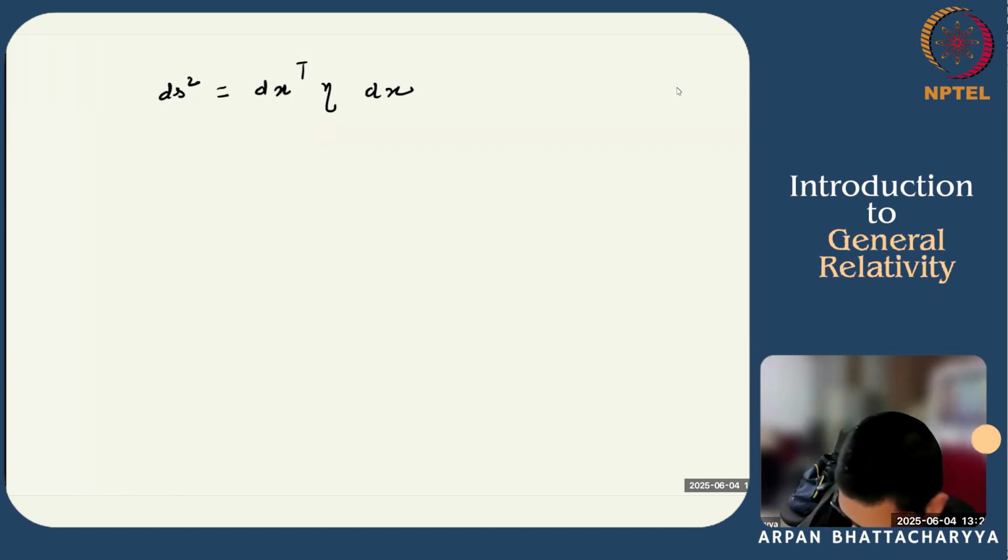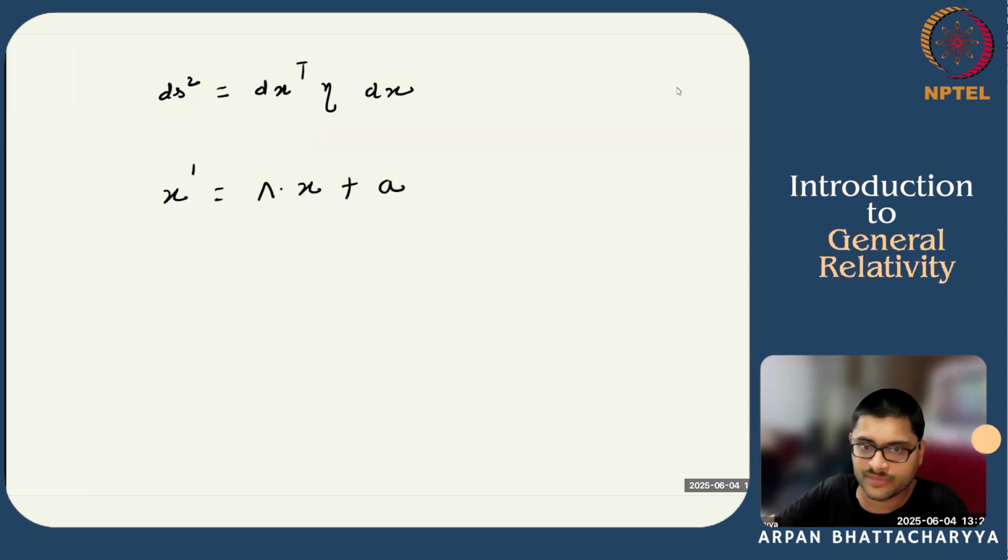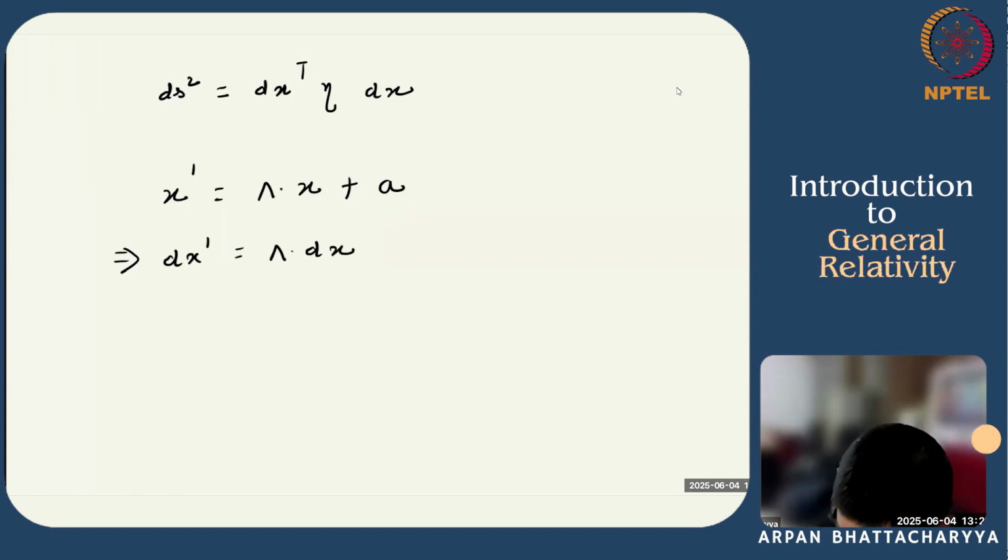Now we know that this coordinate transforms as x goes to Lambda x plus a. So this is the Lorentz transformation, and this is a translation. So it's a constant shift, and as we will consider in differential, it essentially doesn't matter. So this gives the following: dx prime equals Lambda times dx.